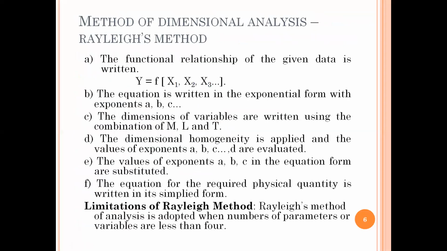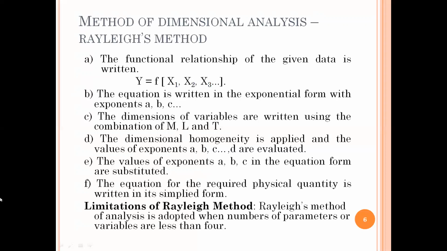So I'll recap the method. I'm writing the functional relationship, with your dependent and independent variables. Then I'm writing it in its exponential form: to each independent variable, I'm writing to the power A, to the power B, to the power C. And then I'm writing in the form of dimensions, both your dependent variable as well as your independent variables.